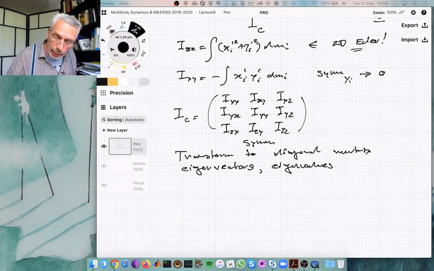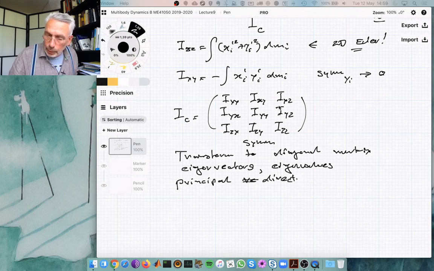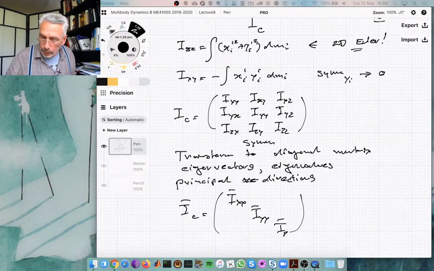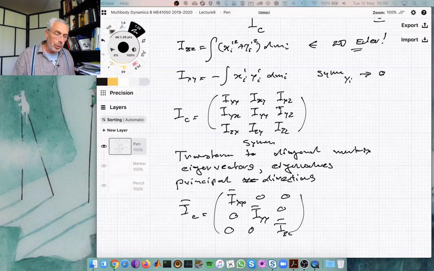And we call these eigenvectors the principal axes, the principal directions, sorry. And in the principal directions, let's put a bar over this, we get a matrix of this form. We get a bar Ixx, and we get only principal values here, and that's easy, and we get all zeros here.